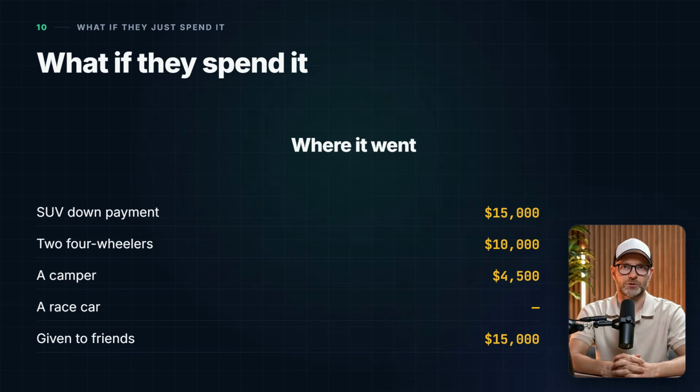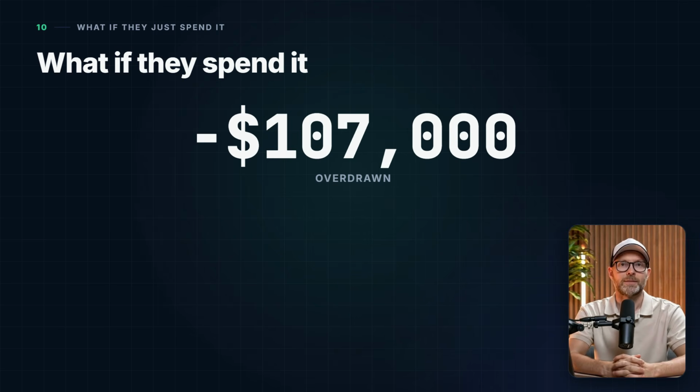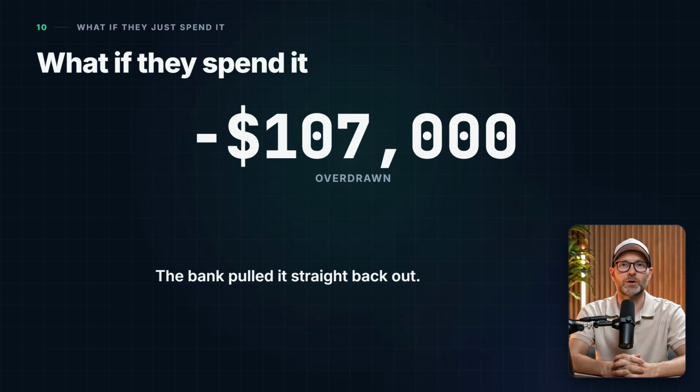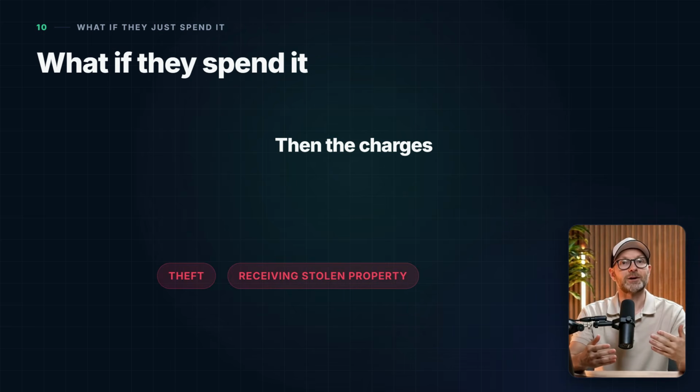The bank caught the error about a month later and pulled the money straight back out. That left the couple more than $107,000 overdrawn. Then they were charged with theft and receiving stolen property. They told reporters they had taken some bad legal advice.